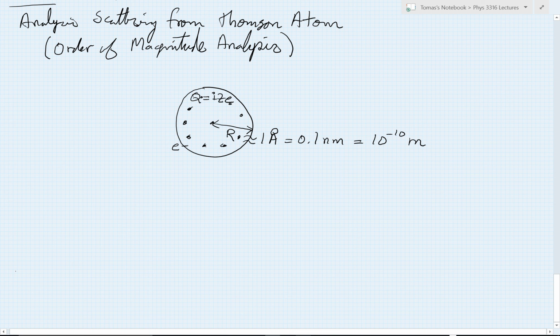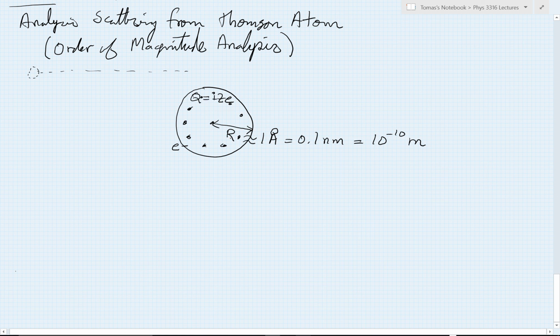Now, let's consider what happens when alpha particles travel through here. So if I have an alpha particle, maybe who's going to start up here, and he's approaching my target, right? As he now moves outside of this distribution, what I want you to notice is I basically have here a solid sphere of positive charge. And then I have a shell of negative charge whose charge exactly balances the positive charge.